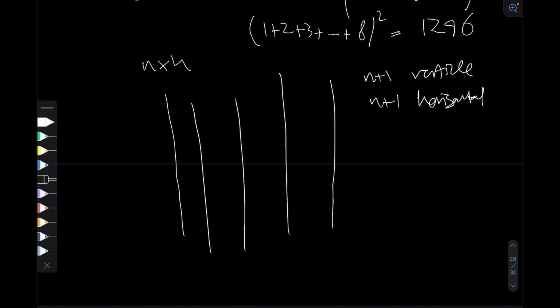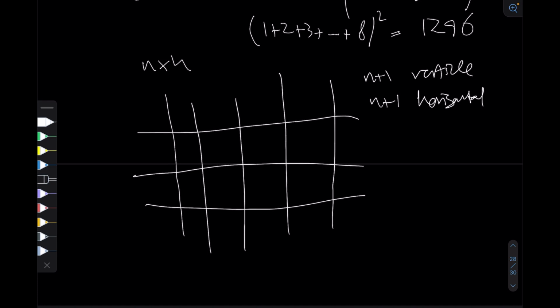Any rectangle will basically be a combination of the vertical line that you choose and the horizontal line that you choose. Let's say I number these 1 2 3 and 1 2 3, and I choose these two and these two, it would give me this rectangle.